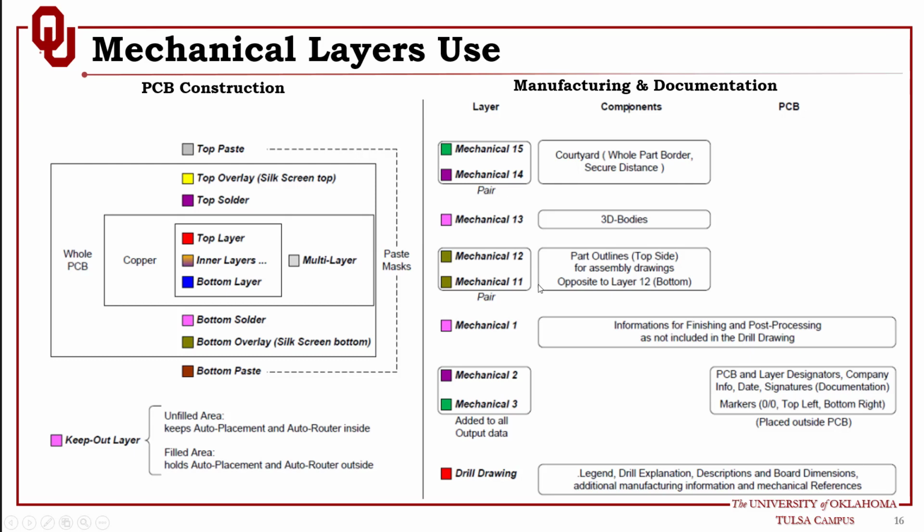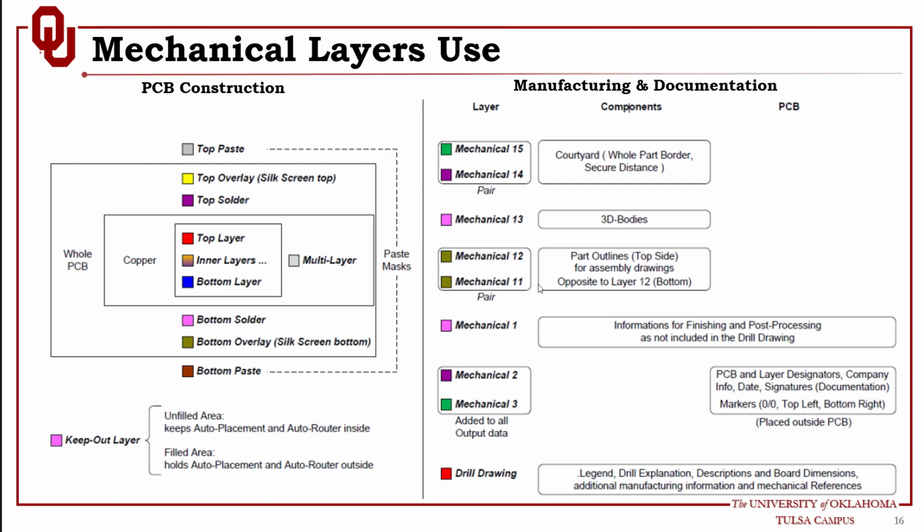So there is no standard for that. If you are solo, you can set a standard for yourself and say, from now on, for every single component I'm going to create, this is what I'm going to use in terms of mechanical layers.